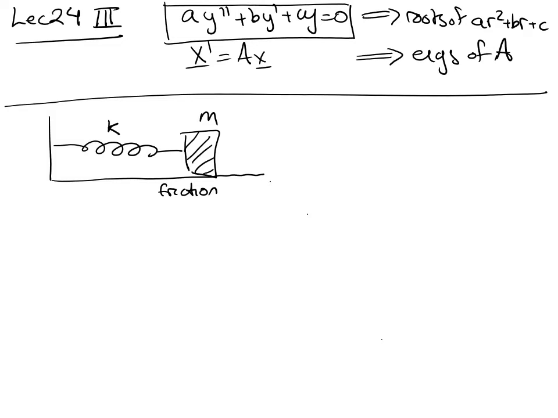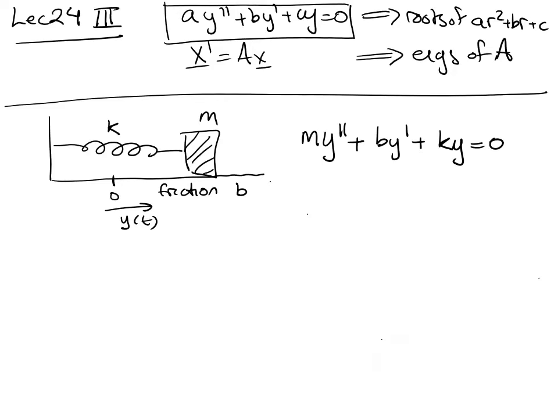The constant in the frictional force is B. And the equation of motion for this: if I let the displacement be y of t, with rest position 0, the equation of motion for this block was my double prime plus by prime plus ky equals 0.